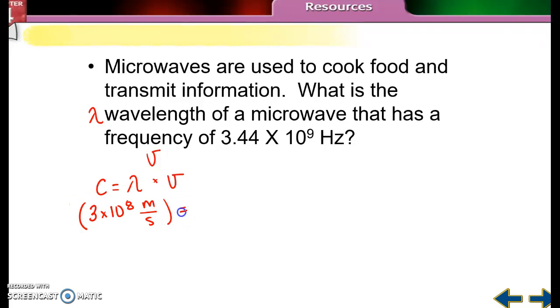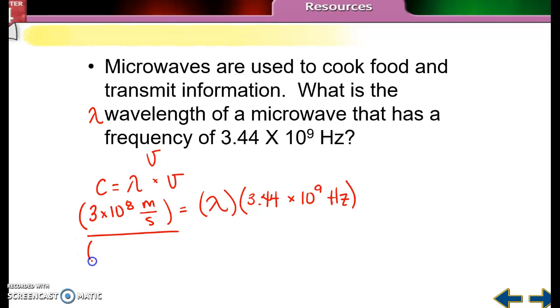It asks me for wavelength, that's my unknown, and then it gives me that frequency is 3.44 times 10 to the 9th hertz. So what am I going to do? I'm just going to solve for my unknown. So I divide both sides by 3.44 times 10 to the 9th hertz.